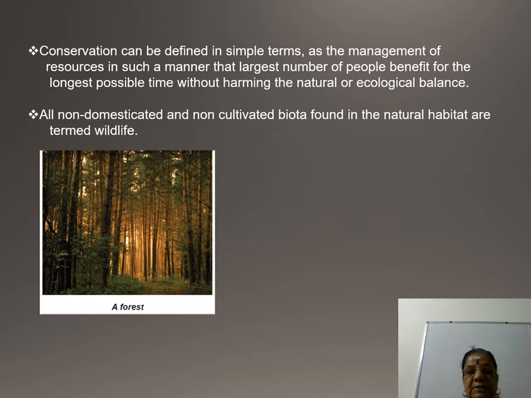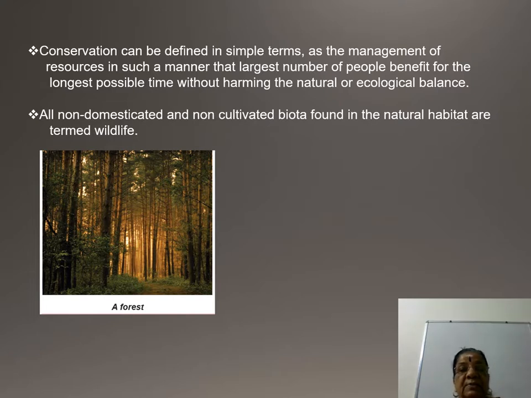All non-domesticated and non-cultivated biota, plants and animals found in the natural habitat, are termed wildlife.